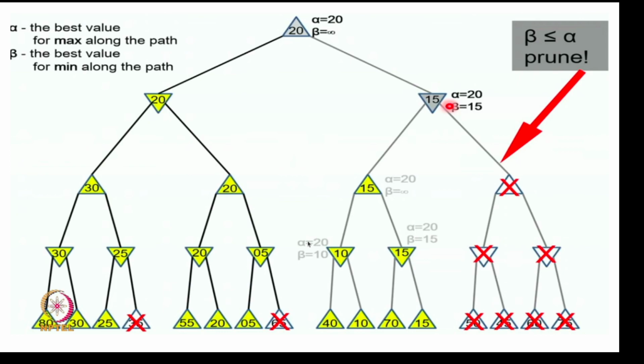Either 15 will go or a minimum lesser than 15 will go. Perfect. But on the right hand side of the 15 you can see there is a 20, and the node above is the max node. So obviously 20 will go there, because if you have to choose the max out of 20 and 15 or lesser than 15, what will it come out to be? It will come out to be 20, right? So you need not explore the right hand side. So that's why we prune the whole subtree.